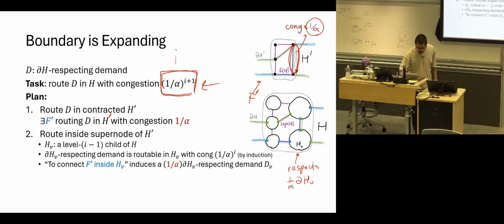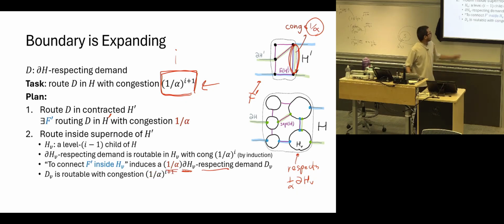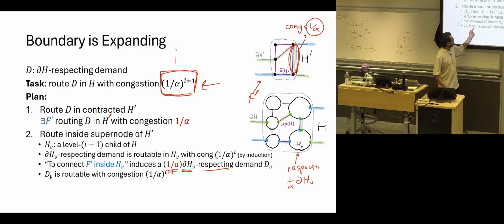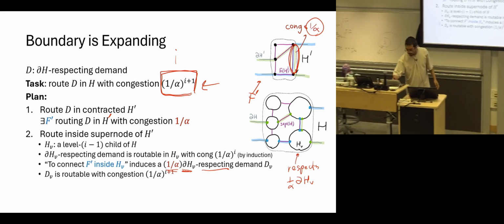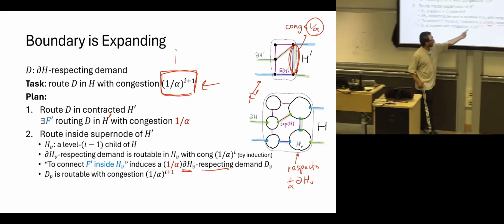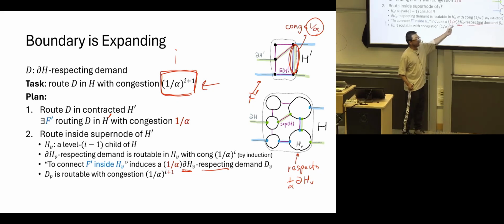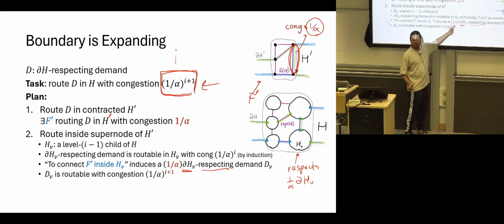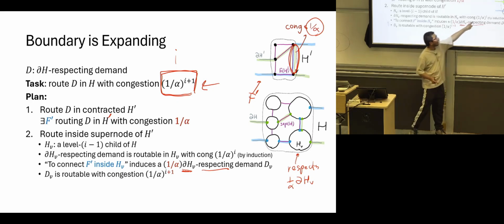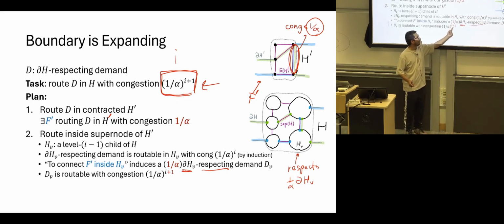But if it respects 1 over alpha times the boundary of HV, then it means this is routable with congestion 1 over alpha to the I plus 1. Because if it just respects the boundary, you can route with congestion 1 over alpha to the I, but if you scale up by this one, you just have this plus 1 in the congestion.